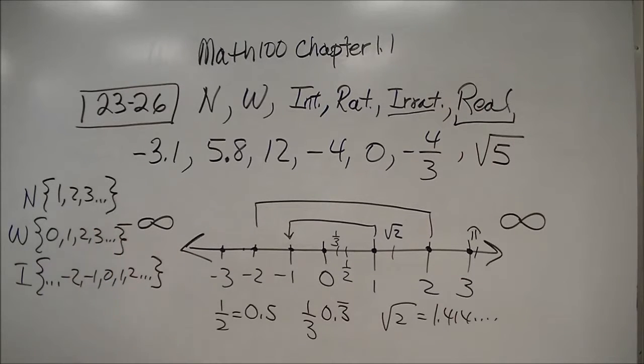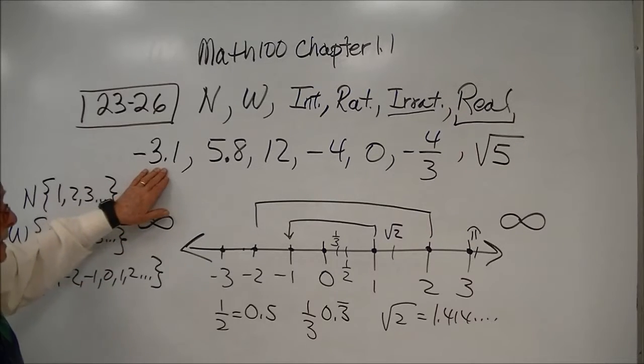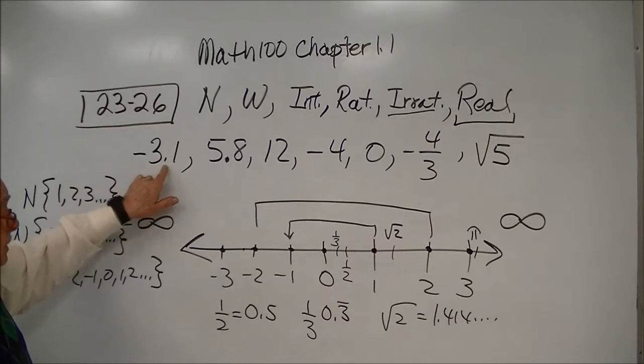So there's a little brief review, and now we want to identify. Well, what is this? Is it natural? No. Is it a whole number? No. Is it an integer? No, because of the decimal part. So this number is a rational number.